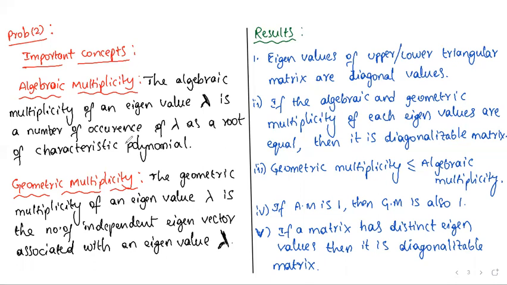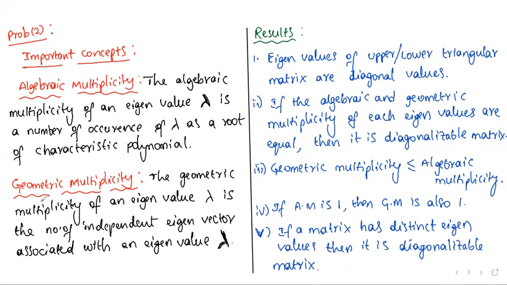For example, we have to find the roots of the characteristic equation. Suppose we get lambda equal to 2, 2, 2, 3. So the number of occurrences of lambda 2 is 3, because 2 is repeated that many times.